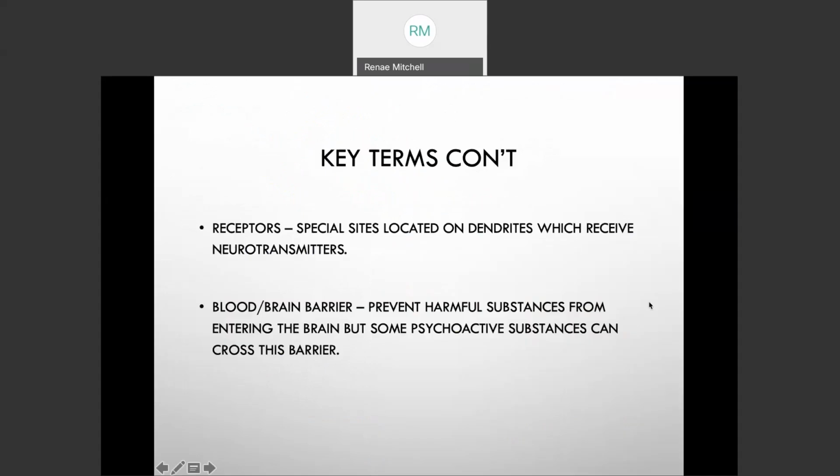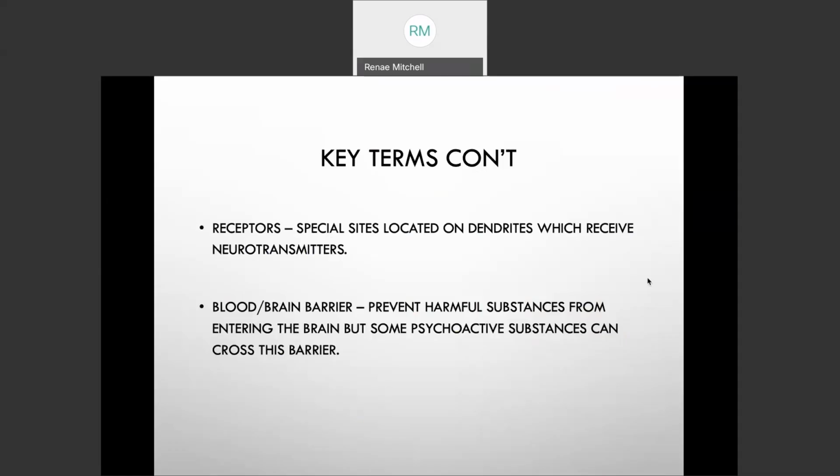And finally, another important term to be aware of when we're talking about drugs and the impact that they have on our nervous system is the blood-brain barrier. Substances enter our bloodstream, and through our blood, they circulate all throughout the body.